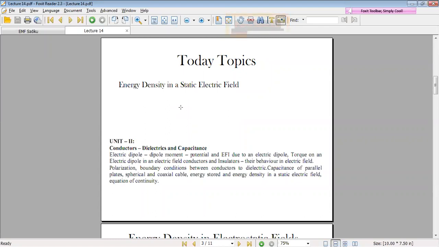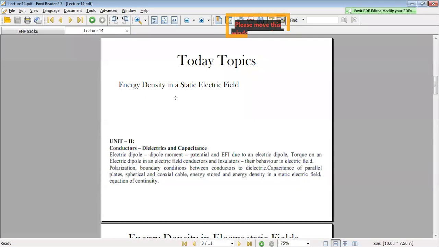What is meant by energy density? Energy density is the total energy required to move charges in a static electric field. Static means it is not moving; it is stationary.